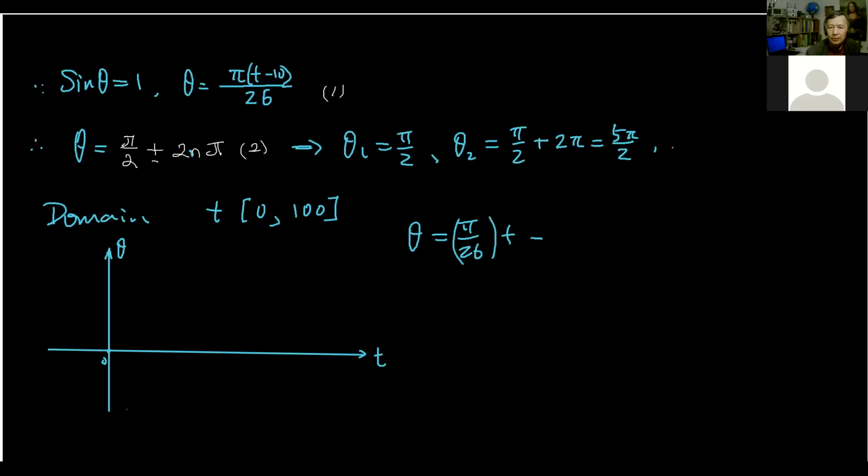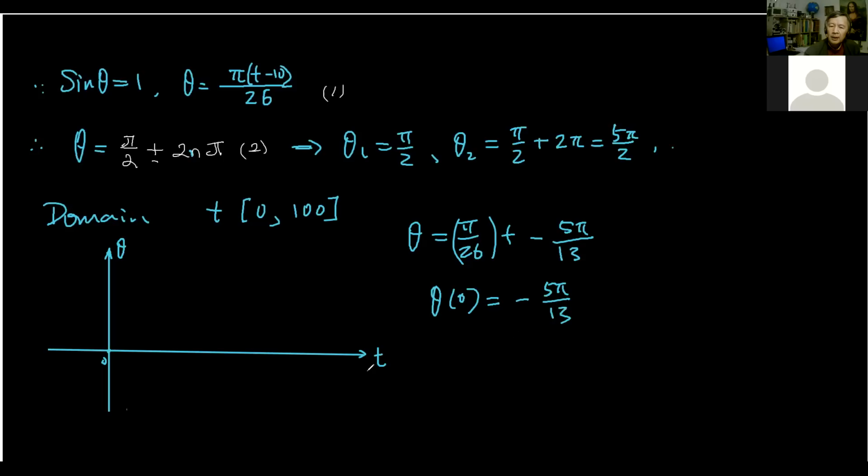Yes. So that is, can we use 5 pi over 13? Yep. So therefore, when t equals 0, theta equals negative 5 pi over 13.